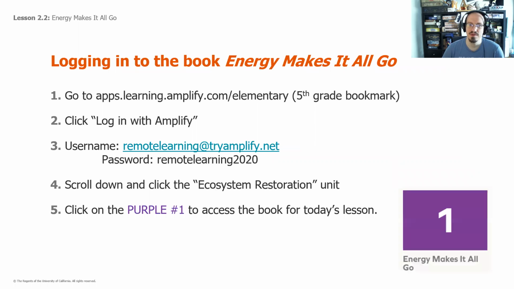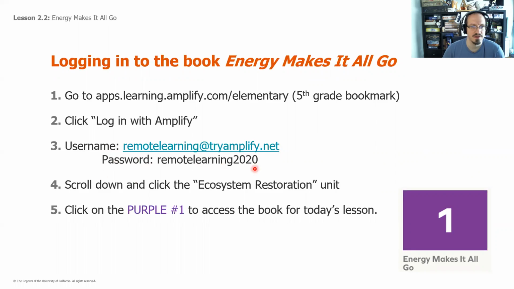Okay, at this point, we want to go ahead and get access to the book. In order to do that, we're going to go to our 5th grade bookmark for Amplify Science. We're going to click the little button at the bottom that says log into Amplify. We're going to use this username and password right here, remote learning tryamplify.net.